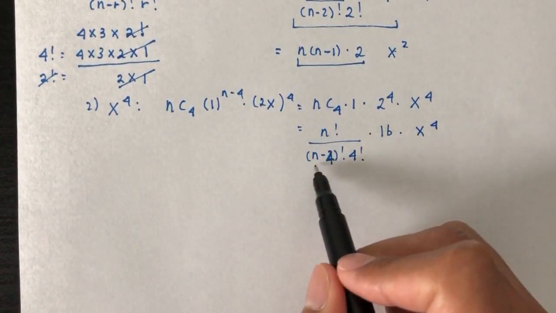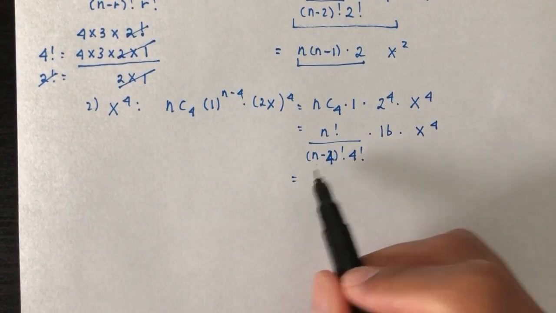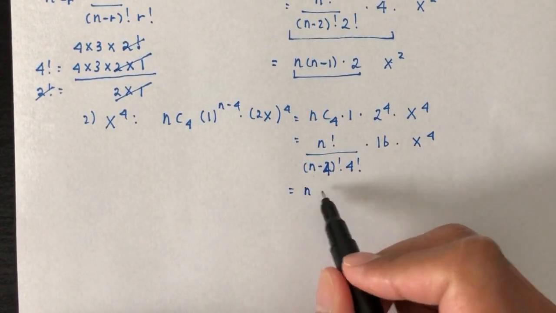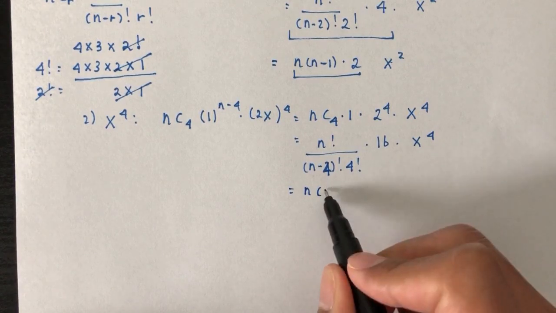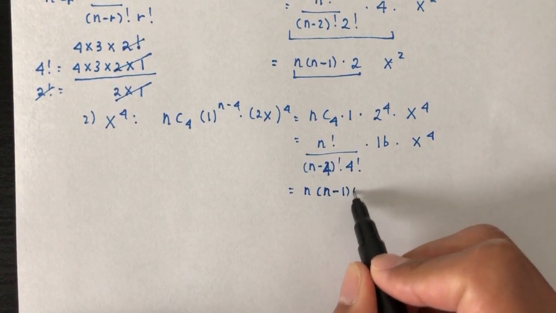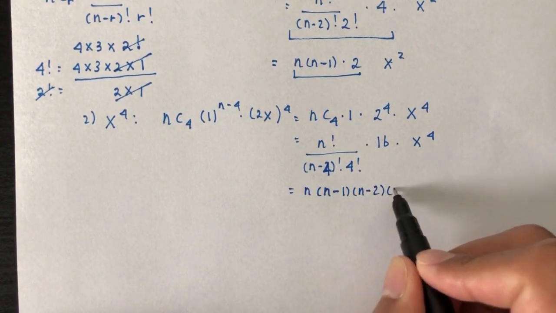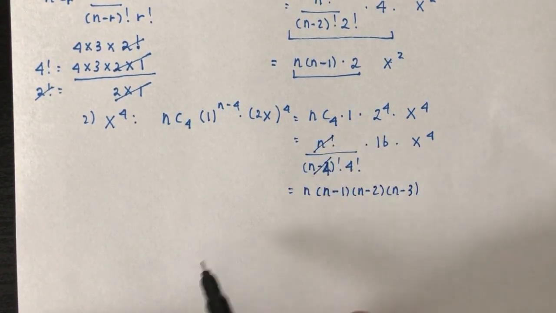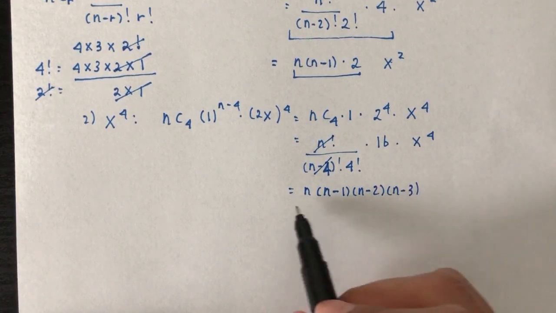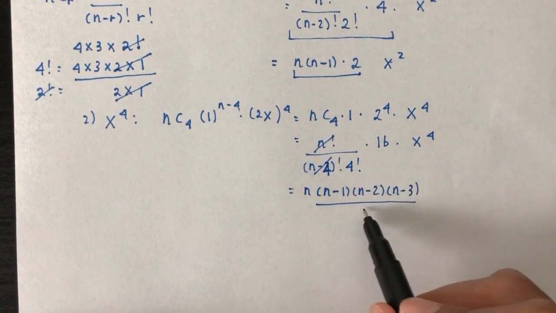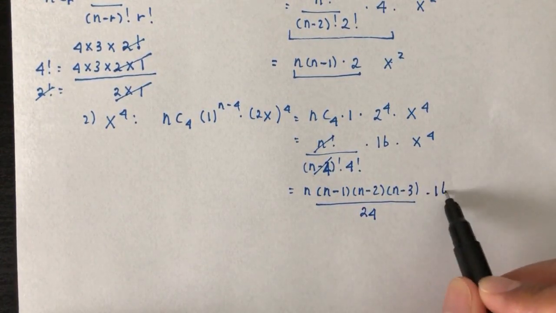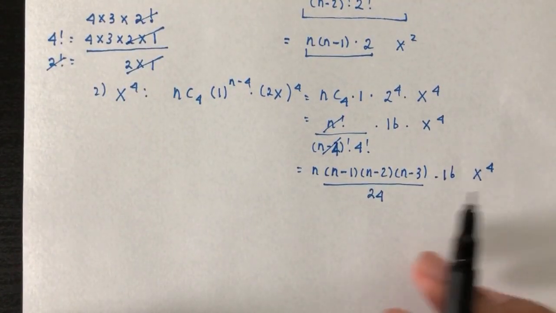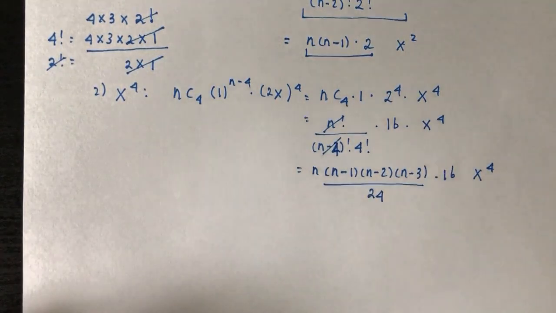Simplify. So this over this, just like this one, we use the same method. It will give me n times (n minus 1) times (n minus 2) times (n minus 3). For the rest, it will go away. Okay, so this will become 4 factorial, which is 24, times 16 x power 4. So this is the expansion of this term.